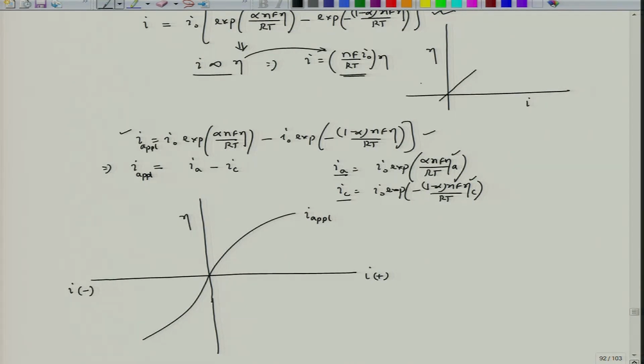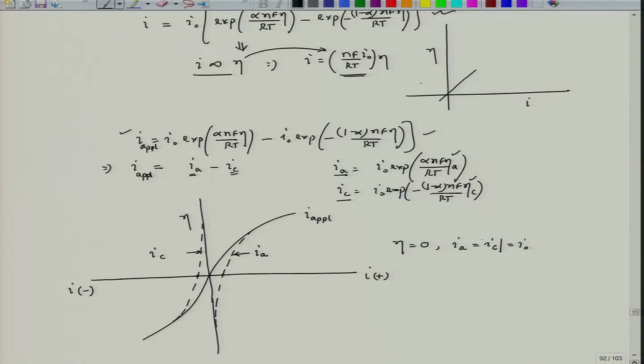Now, I can individually check the current value, the plot of I A as well as I C, and the plot would look like this. Fine. So, this is I A, this is I C, and when the over voltage eta is 0, I A equal to I C equal to I 0.